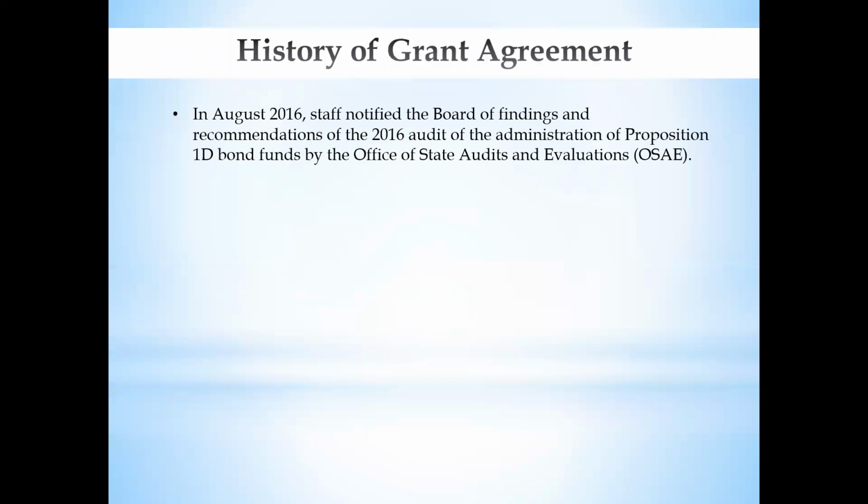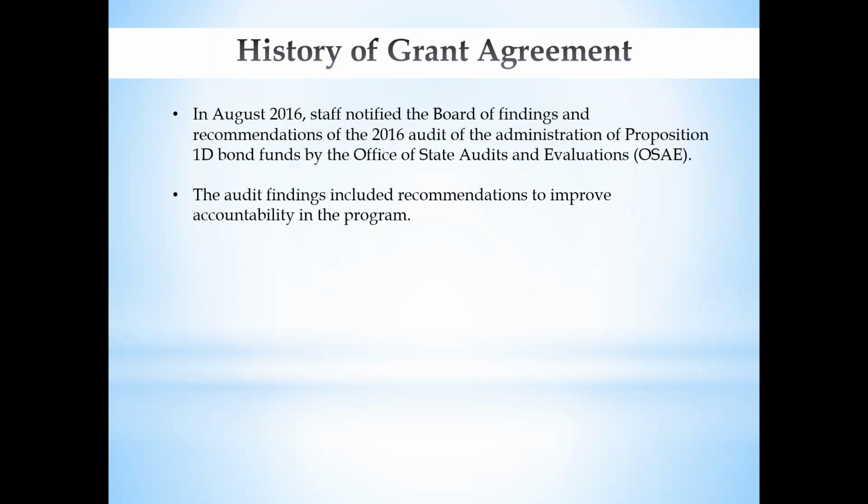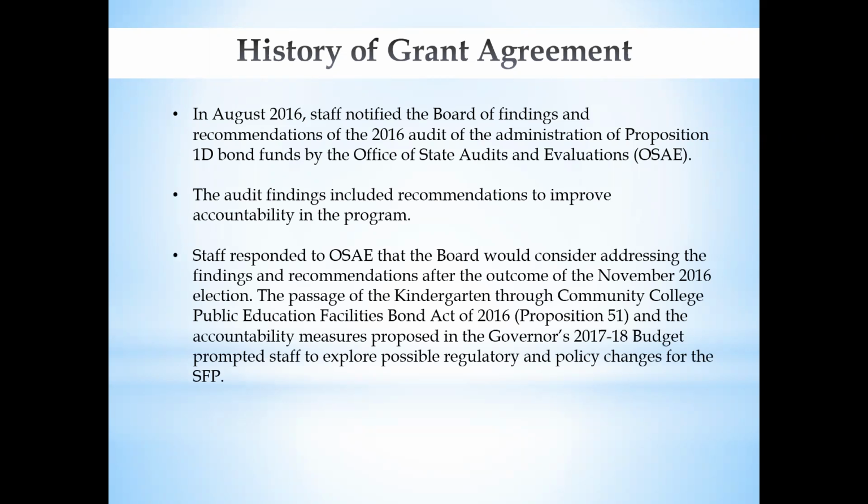In August of 2016, staff notified the board of findings and recommendations of a 2016 audit that was conducted by the Office of State Audits and Evaluations, or OSAE, and that audit was on the Proposition 1D bond funds. The audit findings included recommendations to improve the accountability in the program.